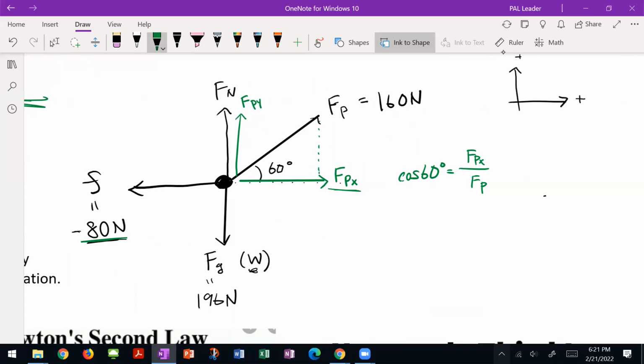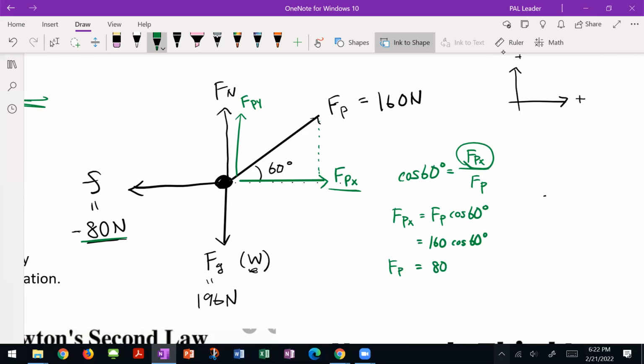I hope we're good on that. And we are solving for Fpx, the horizontal pulling force. So I'm going to multiply both sides by Fp. So I just rewrite it as Fp cosine 60. Fp was 160 newtons. So 160 cosine 60 degrees. And I don't have my calculator with me right now, but I do think this just turns out to be 80.